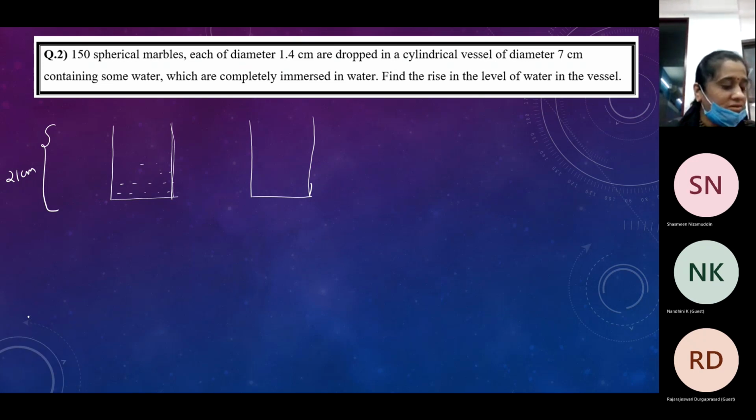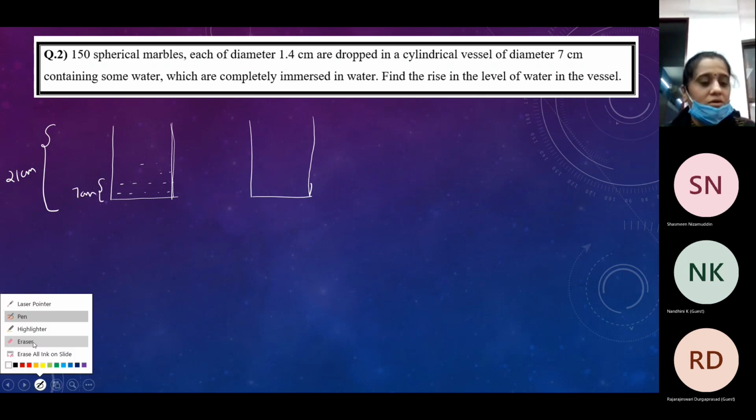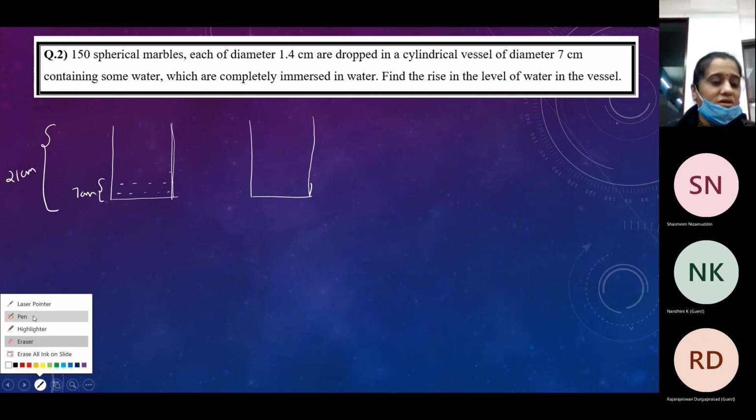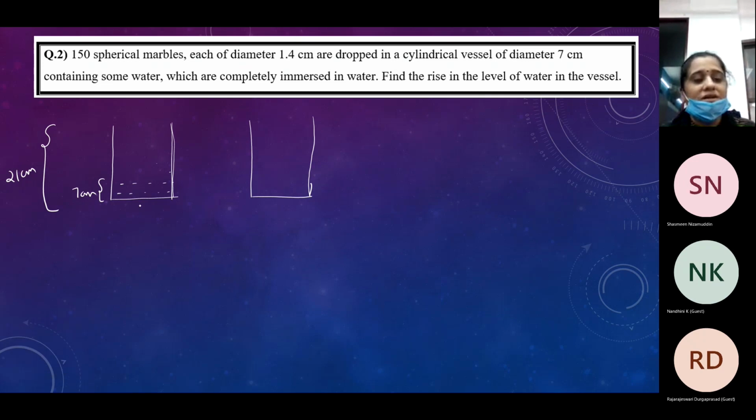Don't start working this. All right, so you can see the cylindrical container, the height of the container is 21 centimeter and the height of the water in the container is 7 centimeter. And let's say the radius is also 7. And now the marbles are dropped. Please listen.